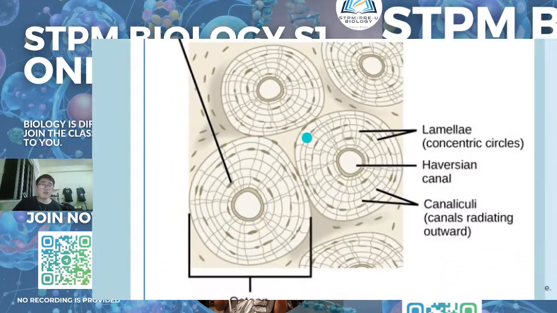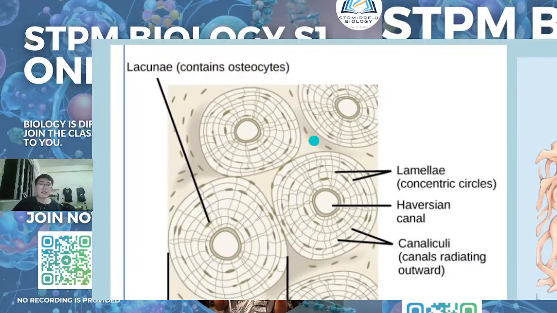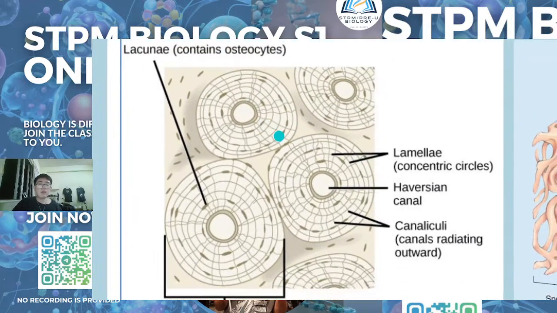So actually our spongy bone, awak tengok, kalau awak potong tulang awak, if you cut your bone, you will see this structure actually. Tengok structure ni. If you are interested, you can find Google images of mammalian bone, like normally cow bone, lembu punya, kambing punya pun okay.